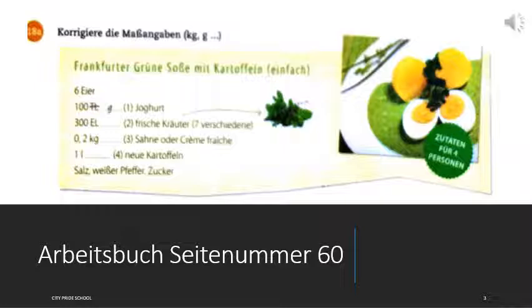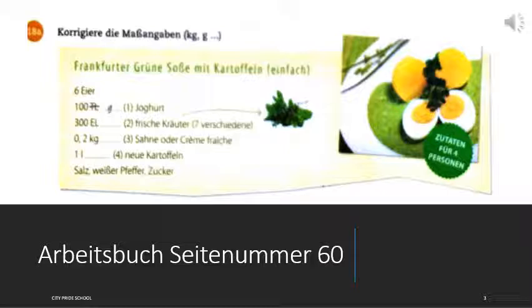6 Eier, 6 eggs. 100 TL is given, that should be gram. Yogurt is curd only, but it is a flavored one. Dry, 100 EL is given. Frische Kräuter, Kräuter means herbs. Okay, fresh herbs, 7 different herbs. 0.2 kg is written, that is the wrong measurement.